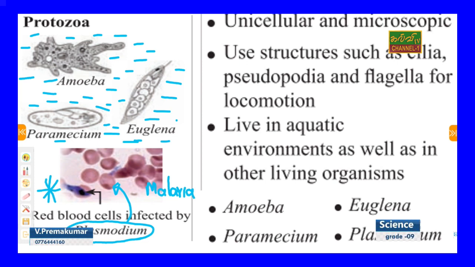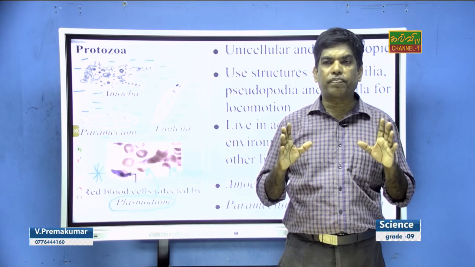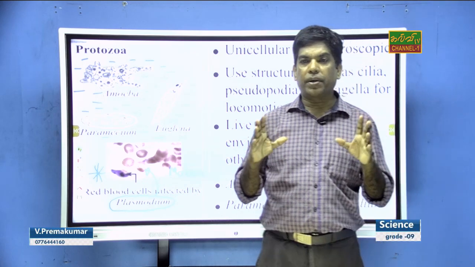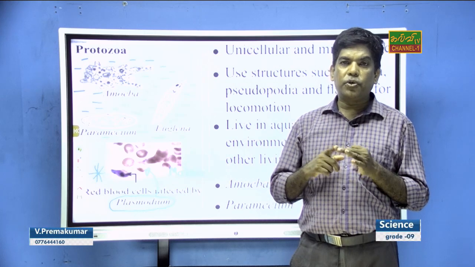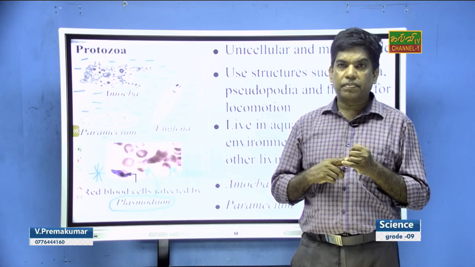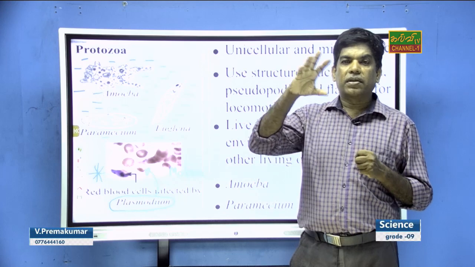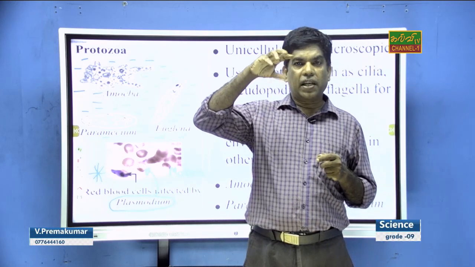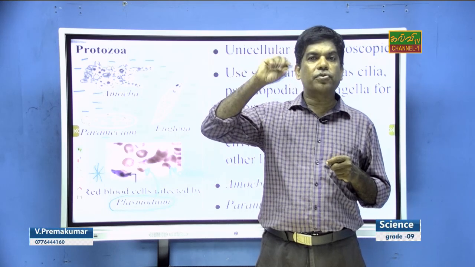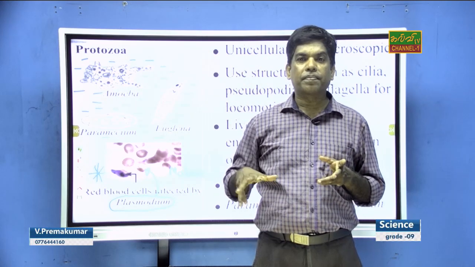Then the examples: amoeba, euglena, paramecium and Plasmodium. Students, you should know these examples of protozoa. So what is pseudopodia? It is the cellular part used for locomotion of amoeba.